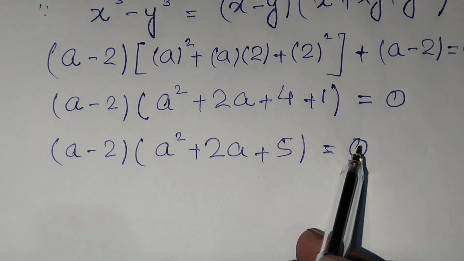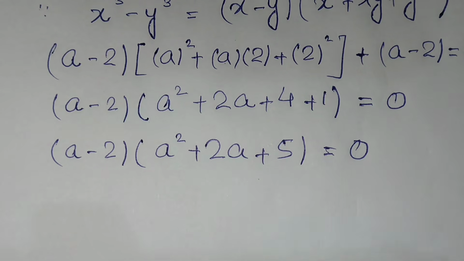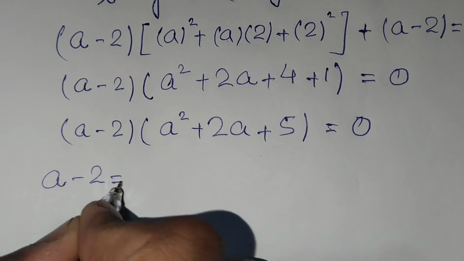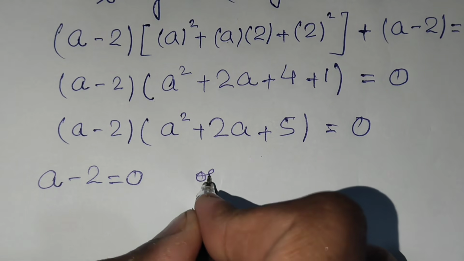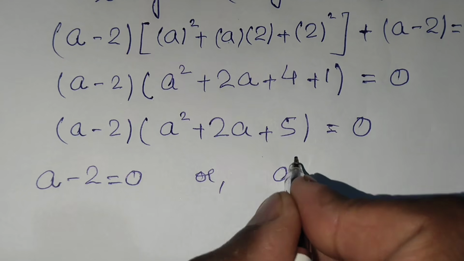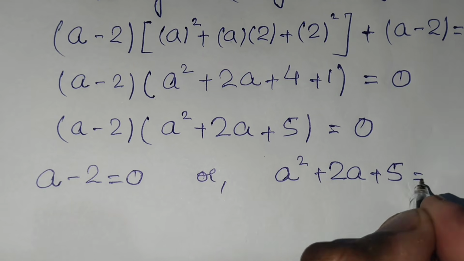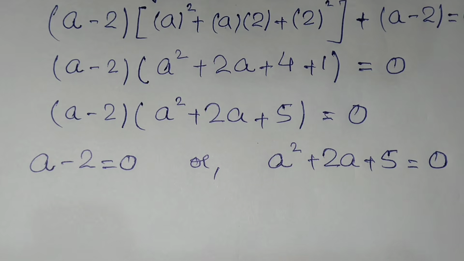Either this will be equal to 0 or this will be equal to 0. a minus 2 equal to 0 or a square plus 2a plus 5 equal to 0.